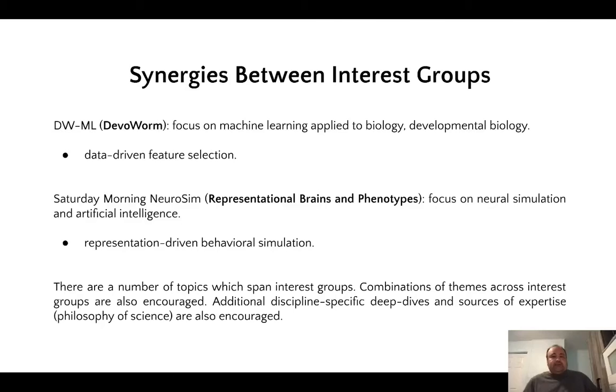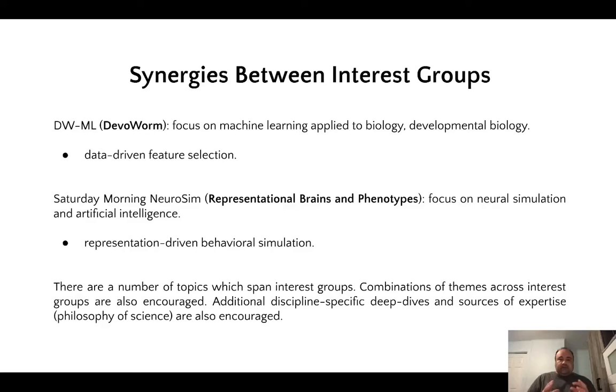There are a number of topics which span interest groups. Often we'll get things that start out in Saturday morning NeuroSim and migrate over to DevoWorm, or we start off with some topic in development in DevoWorm and it migrates over to Saturday morning NeuroSim. We get crossover attendees and crossover ideas.